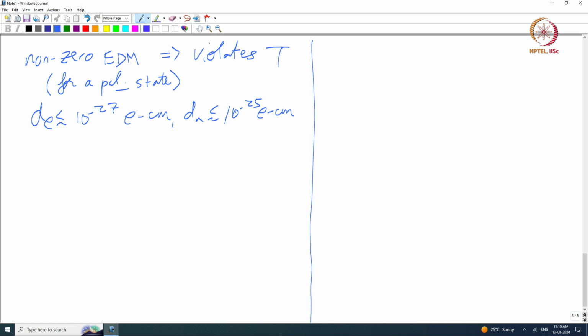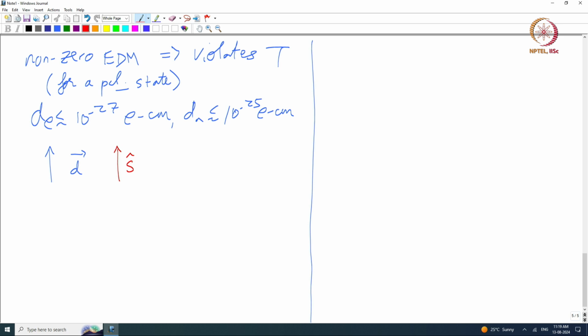So think about it this way. The EDM, the electric dipole moment, is a vector, right, and let us say that for a given particle state the electric dipole moment points in this direction. And then let us say that for the same state the spin of that particle also points in the same direction.